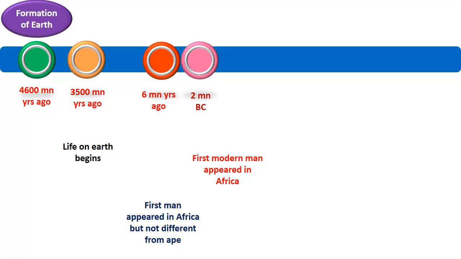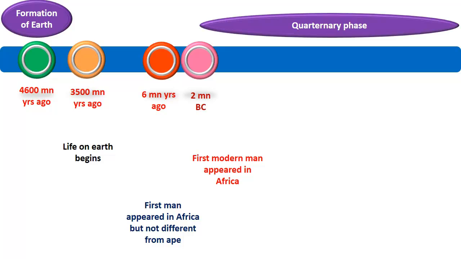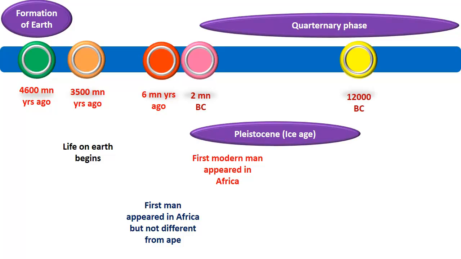From there, the phase is called the quaternary phase. In the evolution of Earth, this phase from 2 million BC onwards, up to our present time, is all the quaternary phase. And from 2 million BC, the whole earth was covered with ice until 12,000 BC.